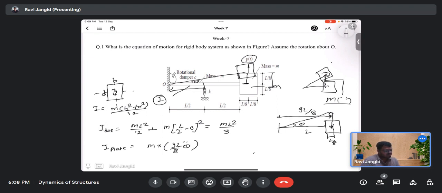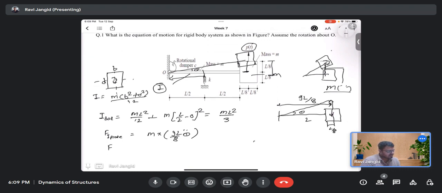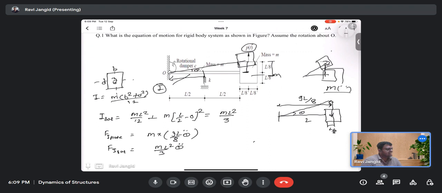Not only the inertia, like theta double dot will come later, but the total force. And for the bar, we have calculated I bar, so F I bar is ml square by 3 into theta double dot. Now there is a rotational part about that.